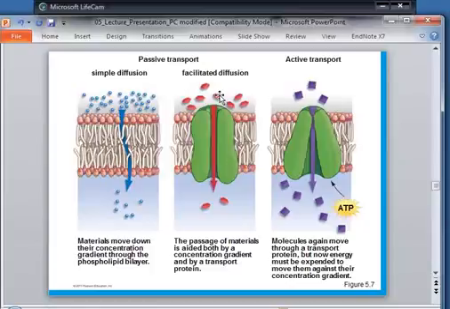What we do to help with that is we create what's called a transport protein. In this case, the transport protein is going to be involved in facilitated diffusion. In facilitated diffusion, we basically make a tunnel through our membrane for molecules to pass. This works out very well when there's a high concentration outside and a low concentration inside, because those want to diffuse down their concentration gradient.